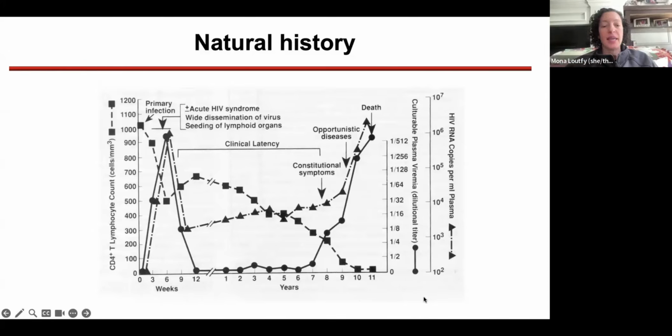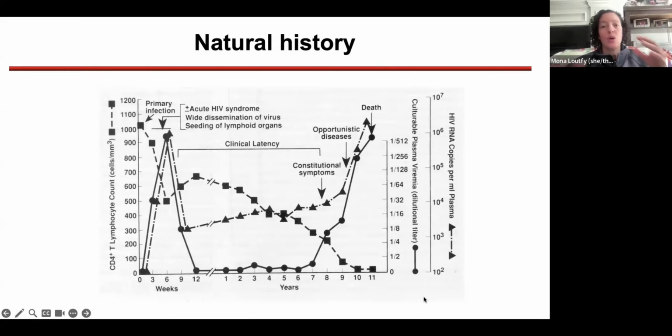But you can see it takes 2 to 6 weeks, 8 weeks for the viral burden to go very high, right? By about 6 weeks, the viral burden is over 1 million copies per milliliter for the viral load.